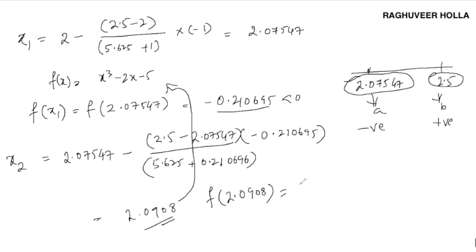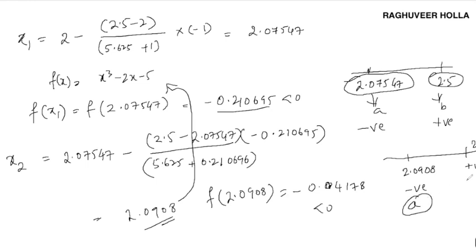Yeah, so this is minus 0.04178. Now this is less than 0, right? So as you can see, this is negative. And this is again 2.5, which is constant, and positive. So this is your new A and this is B.